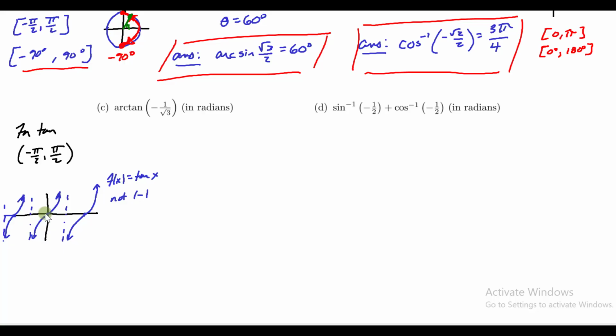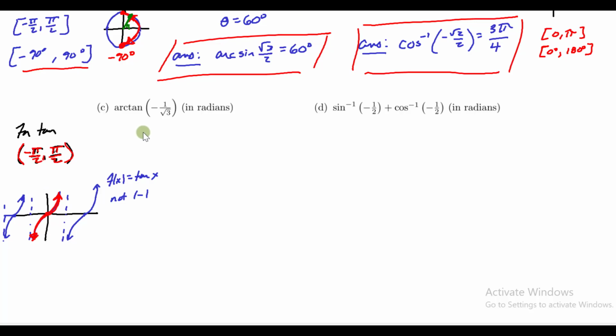But I can restrict myself to a single region of the tangent curve, and this red region, that I just colored a different color here, does indeed pass the horizontal line test, just the colored part. And so there's my restricted interval that I give for my arctangent function.